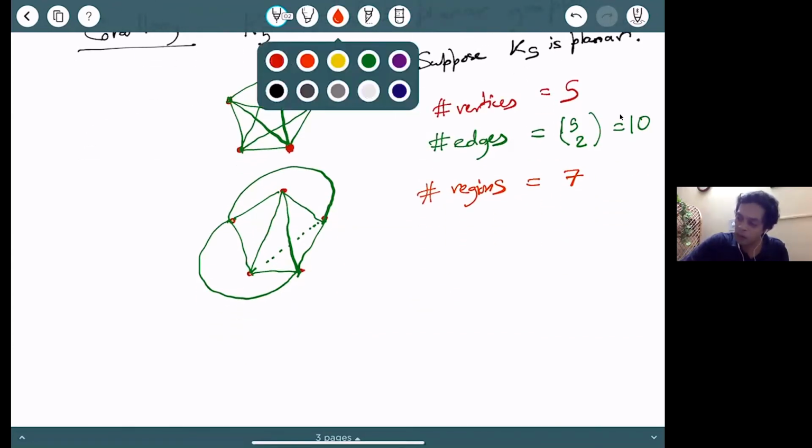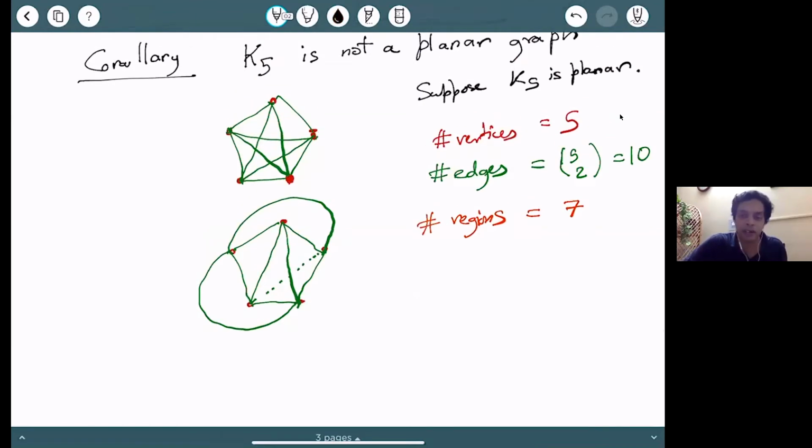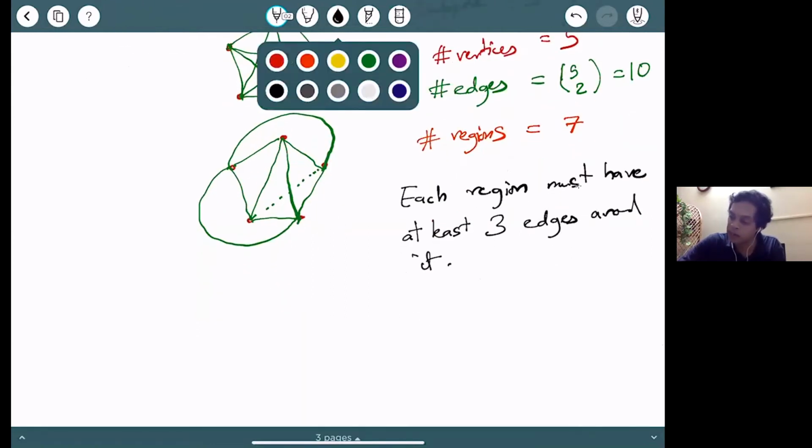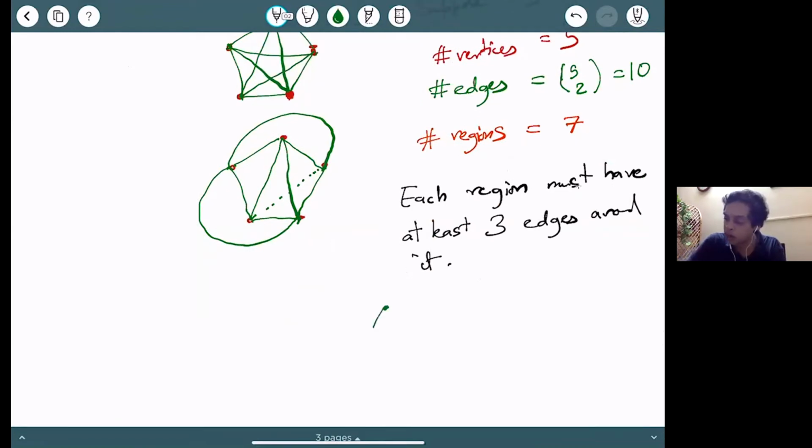But we want to get a contradiction, so how does that work? You notice that each region must have at least 3 edges around it. The way a complete graph works, you don't have regions that look like this. There are no double edges between a pair of vertices; each pair of vertices has a single edge.